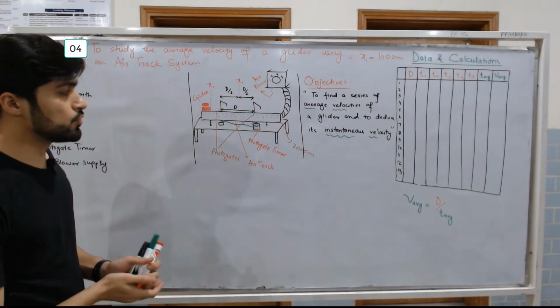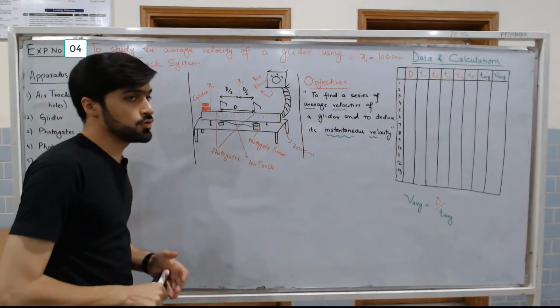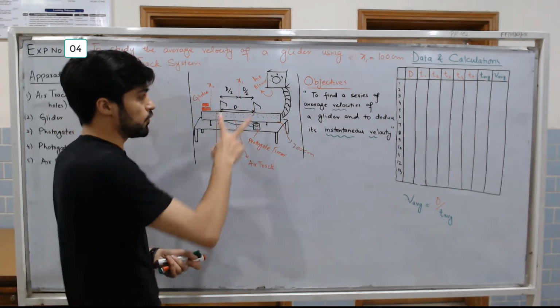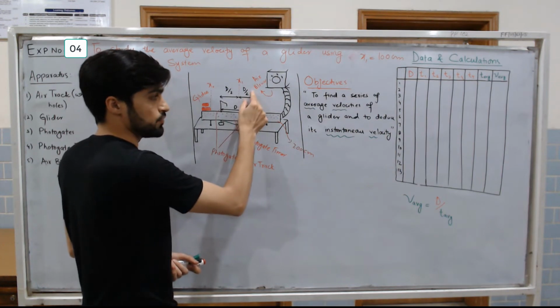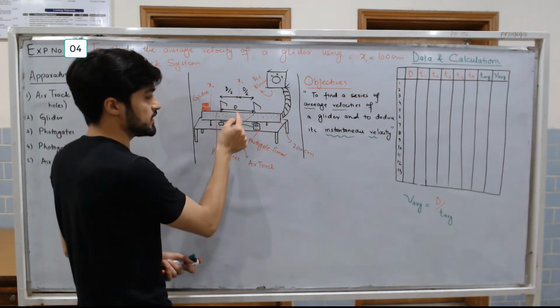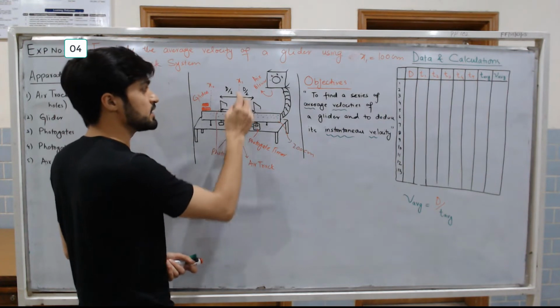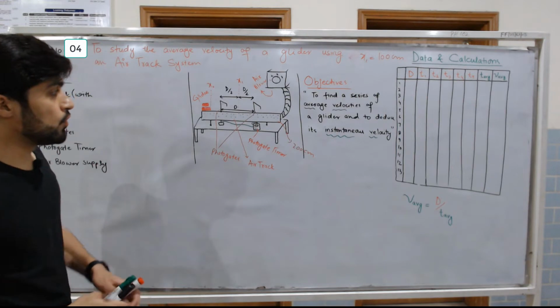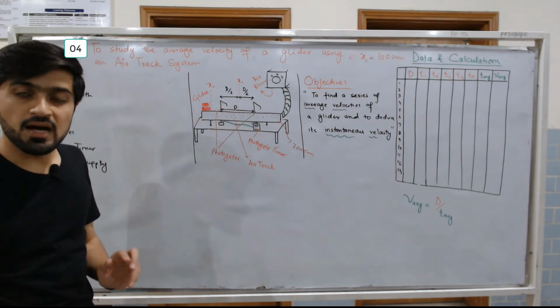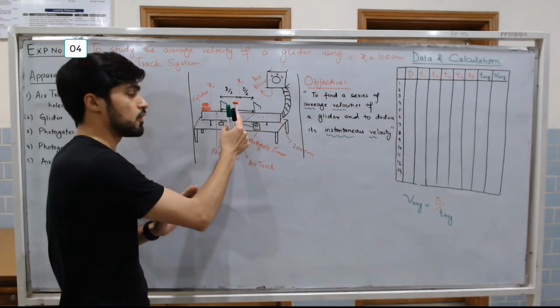You should keep in mind that this photo gate is at a distance d by 2, and similarly this photo gate is at a distance d by 2 from this center point x1, which is the 100 centimeter mark. So these two photo gates are equidistant from this central point.